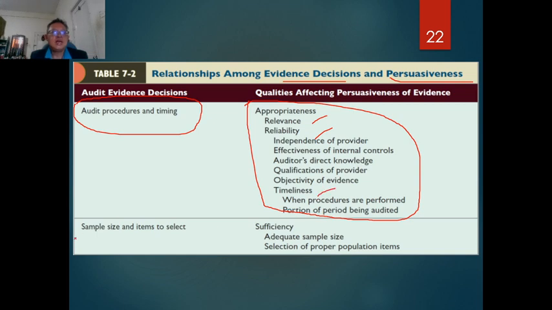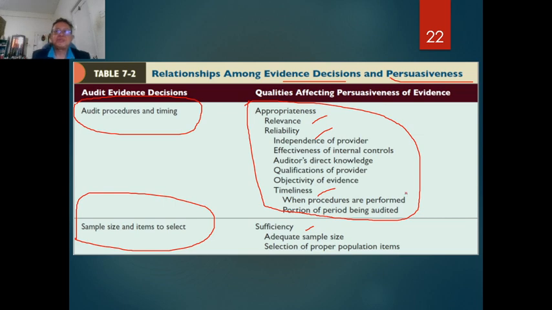However, if we relate something to your sample size, it always refers to sufficiency: how adequate is the sample size and the selection of proper population items. So it's very important that you select the correct evidence.